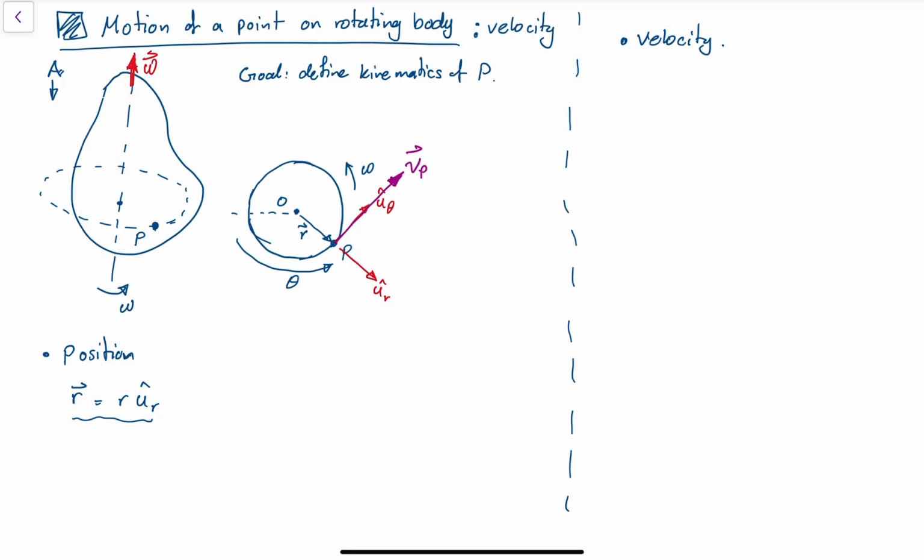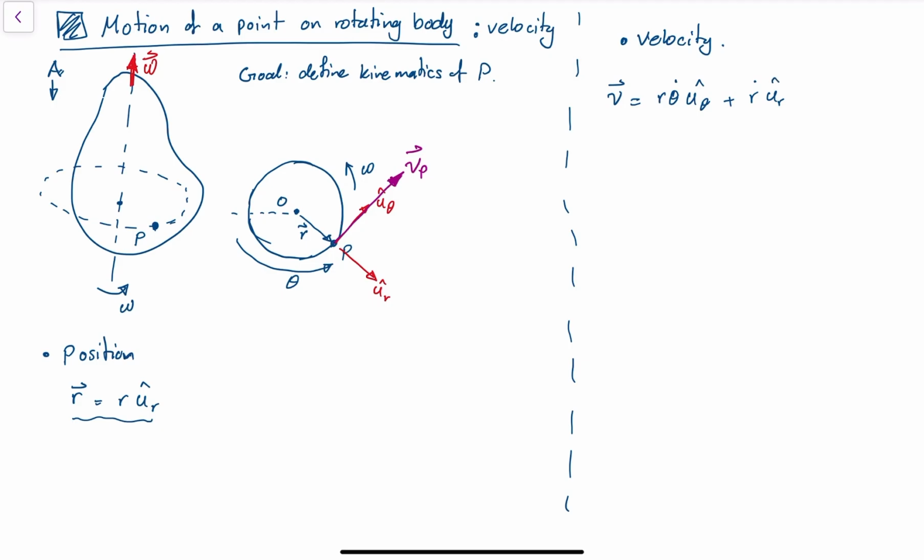And in polar frame, if you remember, v was in general r theta dot u_theta plus r dot u_r.